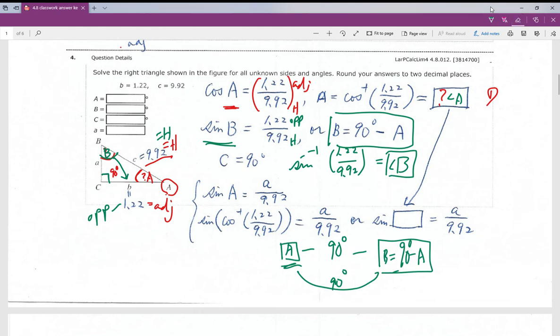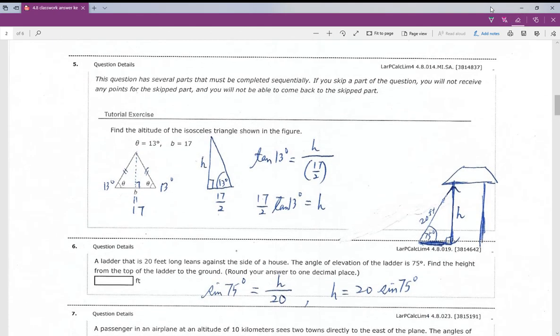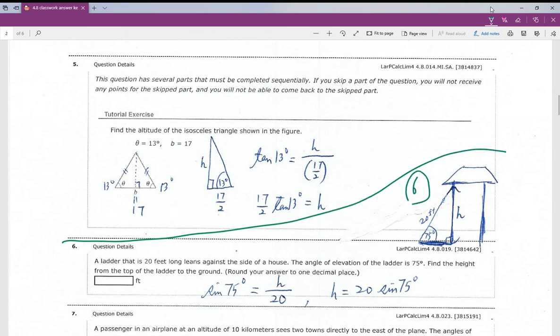Now it goes to the next question. Number 8. Okay, this is number 6. Oh, number 5. Sorry, my eyes are kind of blurred. Number 5. Altitude means the height here.